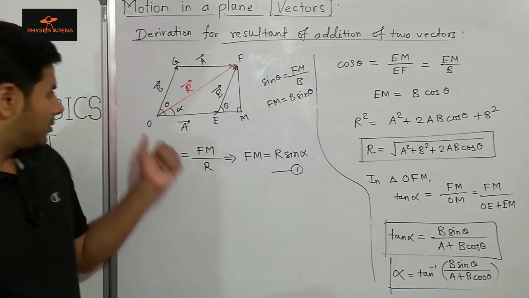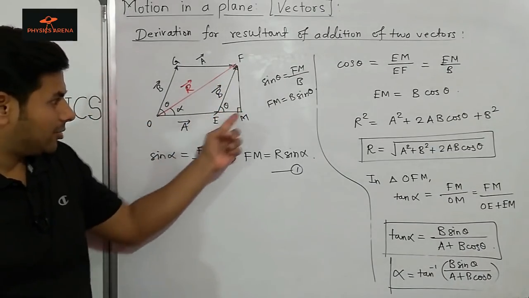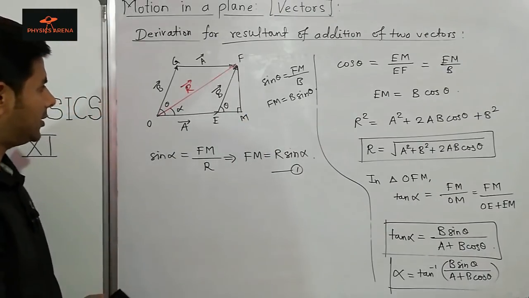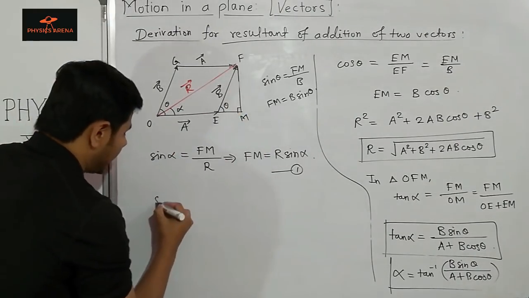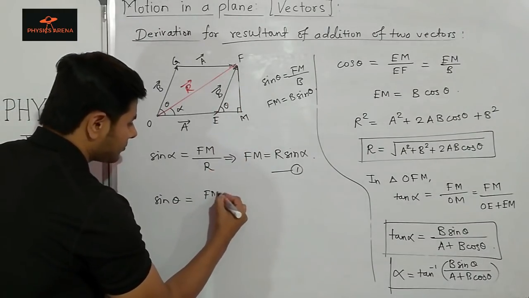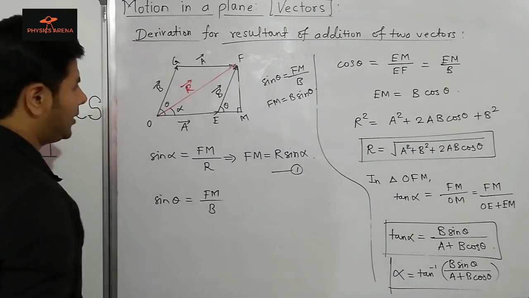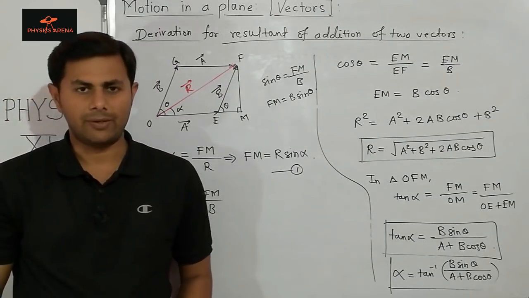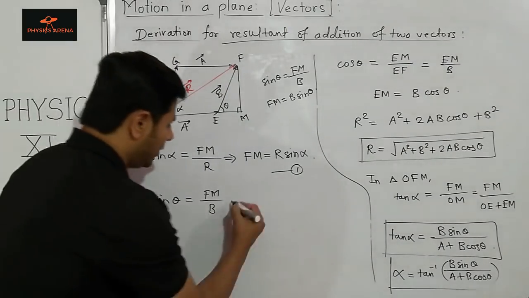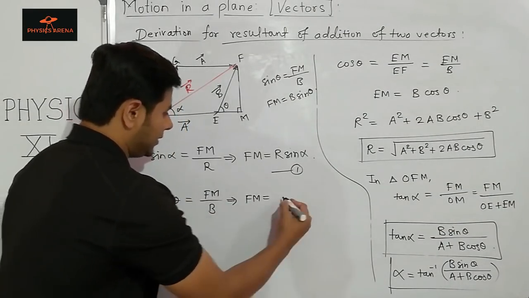Then in this triangle EFM, sine of theta is equal to FM divided by the hypotenuse, and the hypotenuse is the magnitude of B bar, which is B. So it gives me FM is equal to B sin theta.